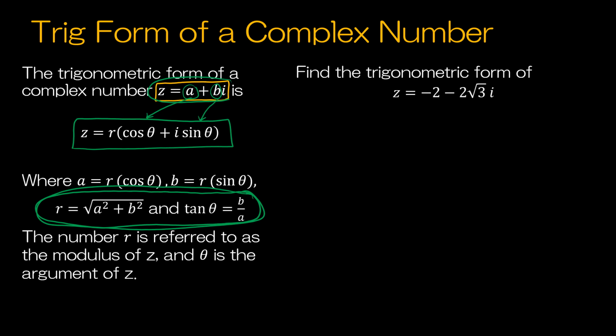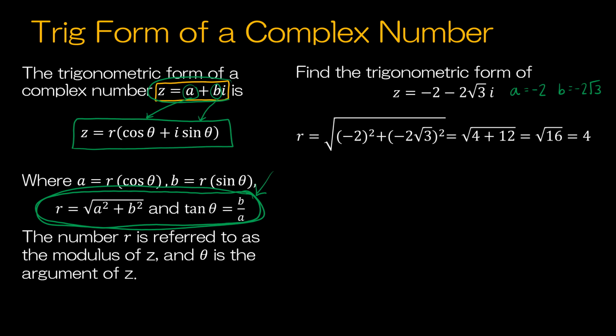So we have the trigonometric form of z is -2 minus 2 radical 3i. So that means that a is -2 and b is -2 radical 3. Those are the values that I'm going to use in these functions. So first I'm going to find r. r is the square root of -2 squared plus -2 radical 3 squared. Well, -2 squared is 4.